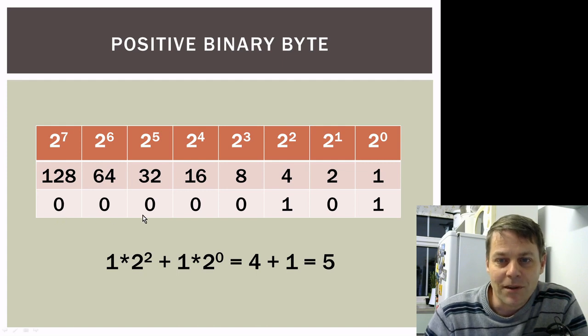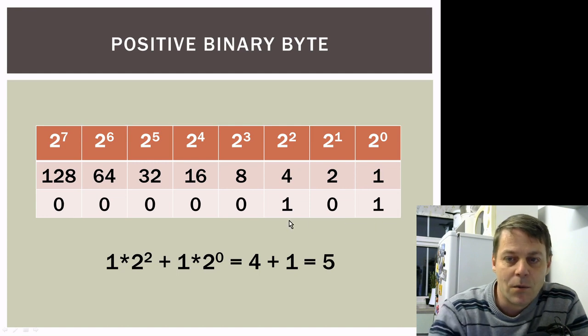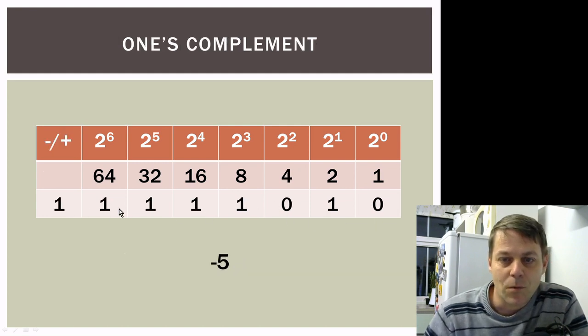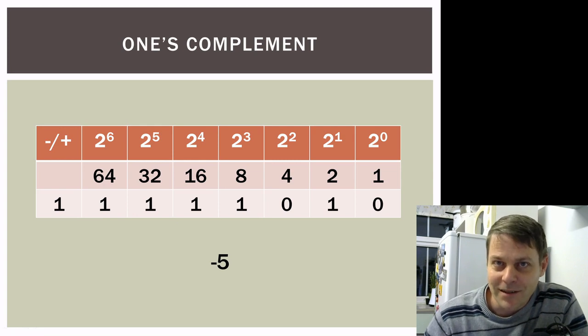So we take all the zeros and turn them to 1's, and we take all the 1's and turn them to zeros. So instead of 0, 0, 0, 0, 0, 1, 0, 1, we're going to change that to 1, 1, 1, 1, 1, 0, 1, 0. This is 1's complement. It's not commonly used, but it's the step towards where we're going.